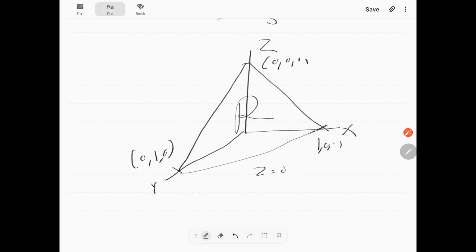And what is the projection of this on the xy plane? You can take the projection on the yz plane or xy plane, anything is okay here. I am taking the projection on the xy plane.